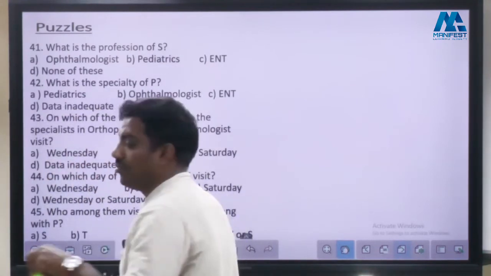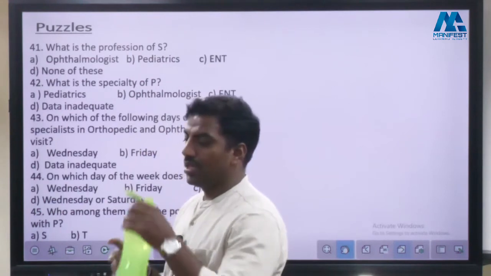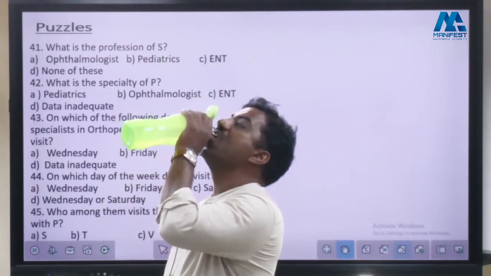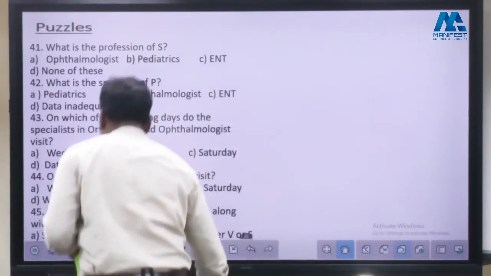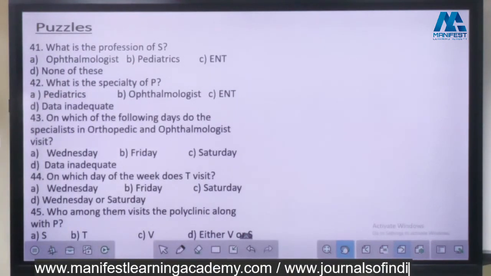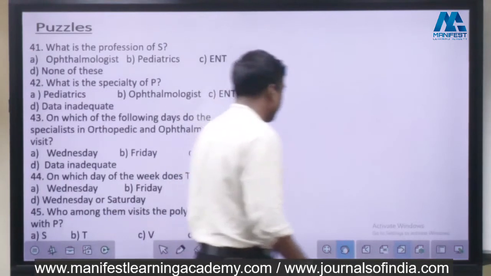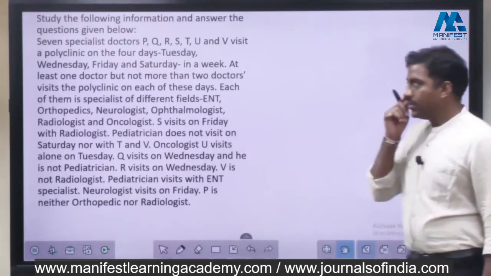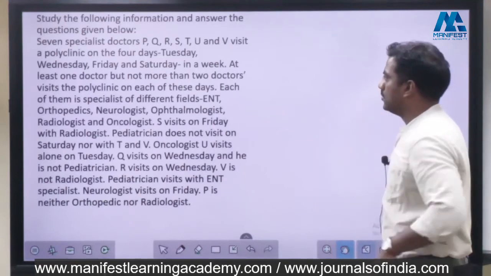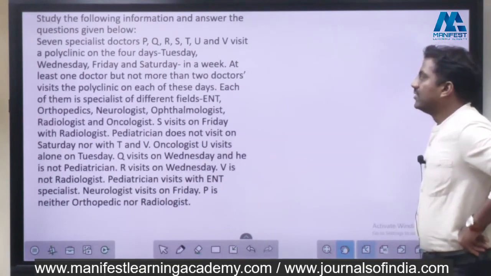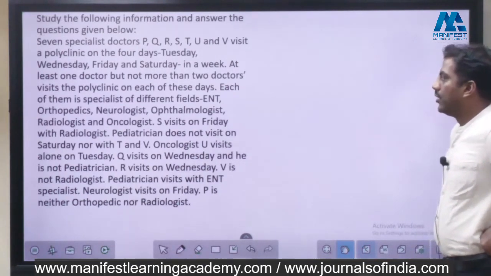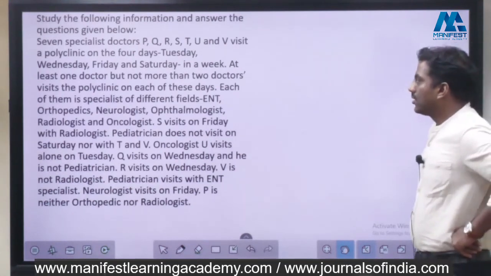For the next puzzle, try to make some table. Seven specialist doctors, P Q R S T U V, visit a polyclinic on 4 days: Tuesday, Wednesday, Friday, Saturday, in a week.